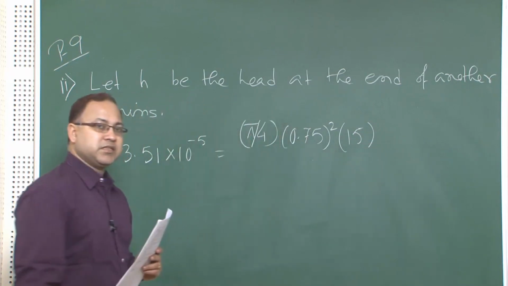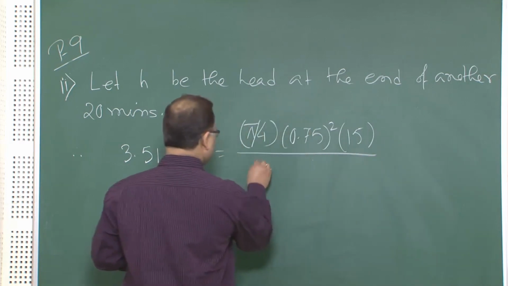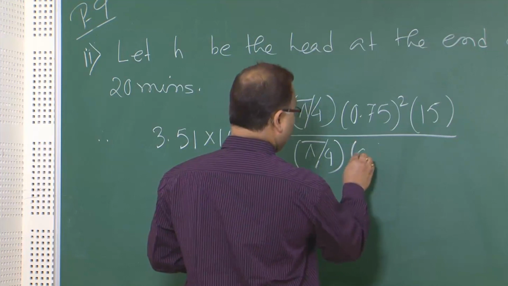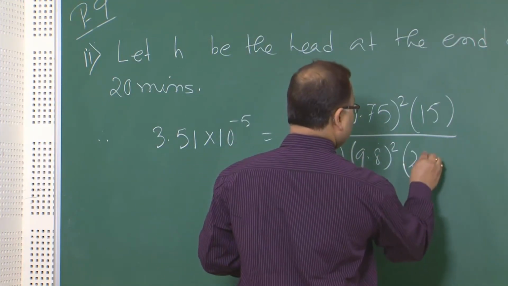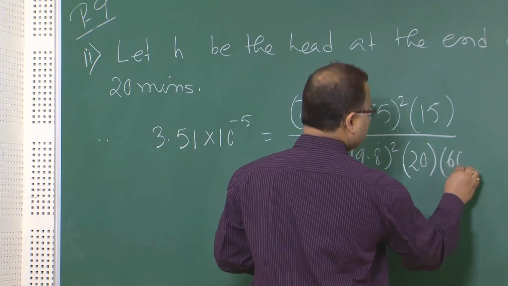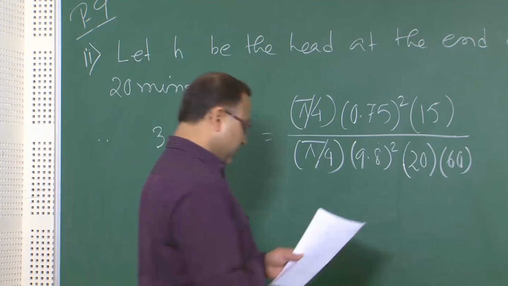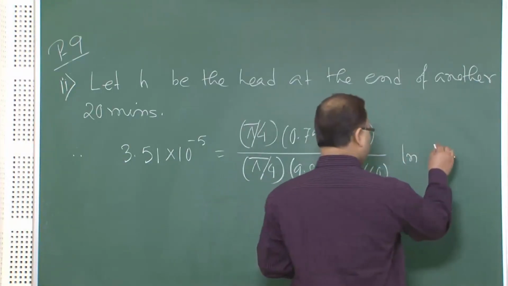The sample remains the same, so the length of the sample will be 15 centimeter, divided by pi by 4 into 9.8 square, into the time of another 20 minutes, expressed in seconds, so 20 into 60, log base e.